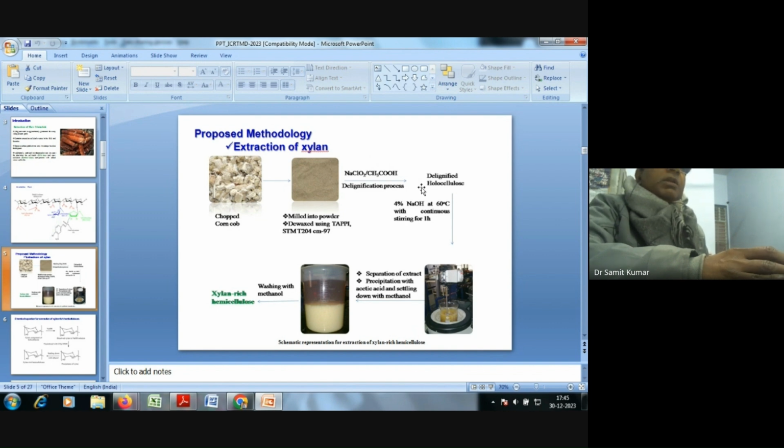The delignified holocellulose was treated with 4% sodium hydroxide at 60 degrees Celsius, and then the filtrate which was obtained is further precipitated with acetic acid, and it is settled down with methanol. Then Xylan-rich hemicellulose was obtained.